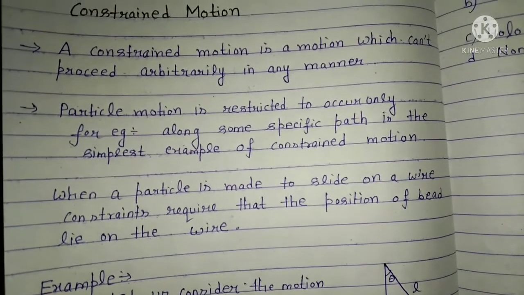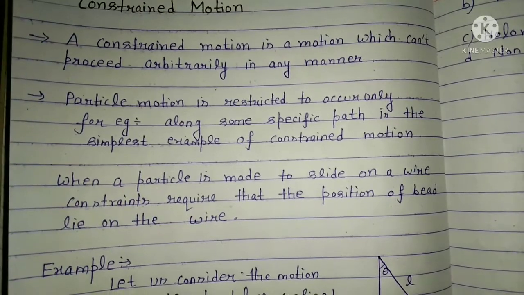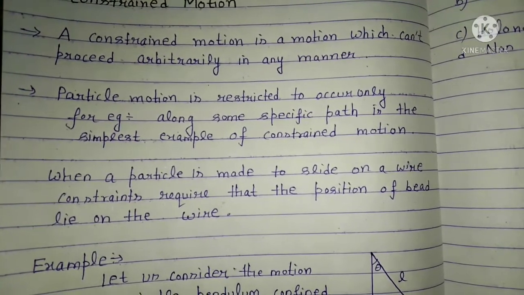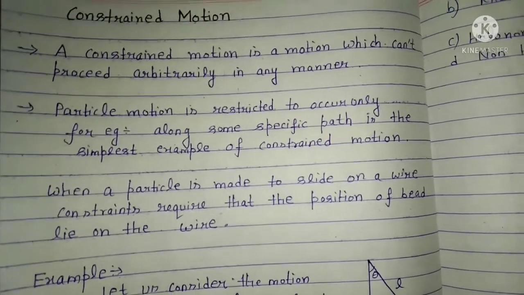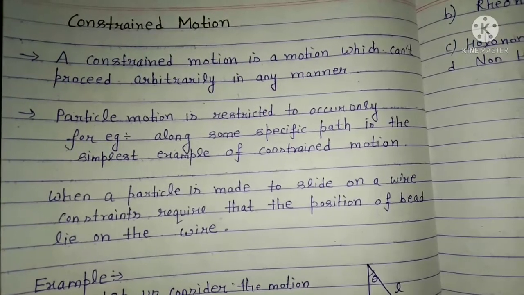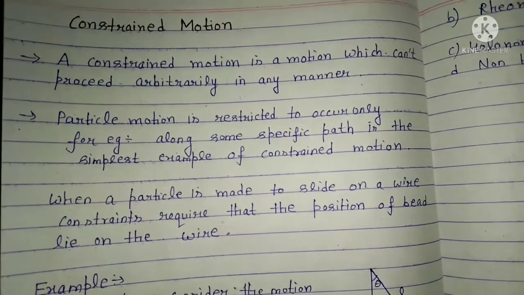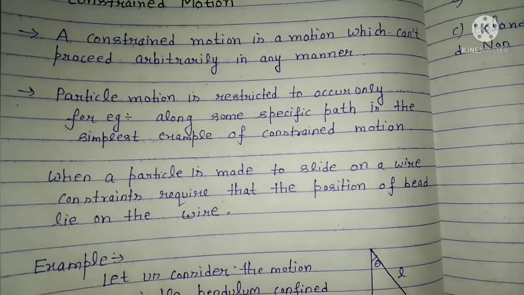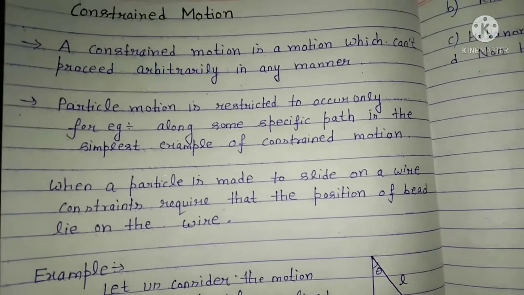When a particle is made to slide on a wire, constraint required that the position of the bead lie on the wire. यानी कि उस पर एक कंस्ट्रेंट अप्लाई किया हुआ है कि जो बीड है वो वायर पर ही रोल करेगा, यानी कि वायर पर ही मूव करेगा. सो दैट मीन्स अ कंस्ट्रेंट. यानी कि किसी चीज़ पर कोई कंस्ट्रेंट अप्लाई किया जाए कि वो इस डायरेक्शन में ही मूव करे, तो दैट इज द एग्जाम्पल ऑफ कंस्ट्रेंट. यानी कि कंस्ट्रेंट मोशन एक ऐसा मोशन है जिस पर हमने कुछ रिस्ट्रिक्शंस अप्लाई की है.